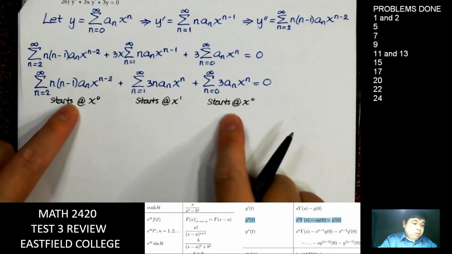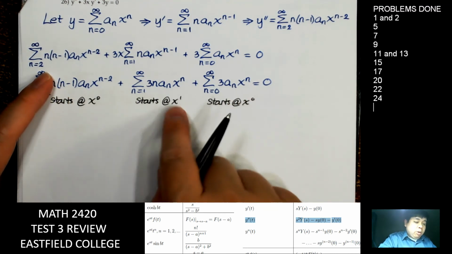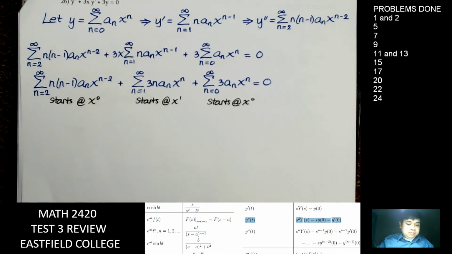So we need to split the first term out of those two, so all of them start at x to the first. Even though we have the answer on the back, it's kind of difficult to check.